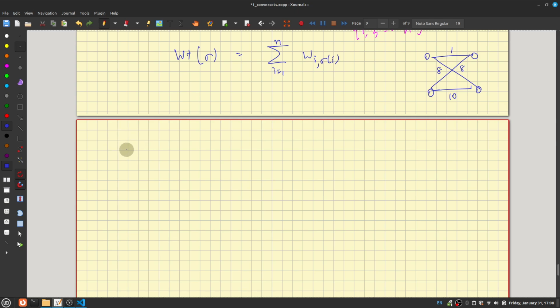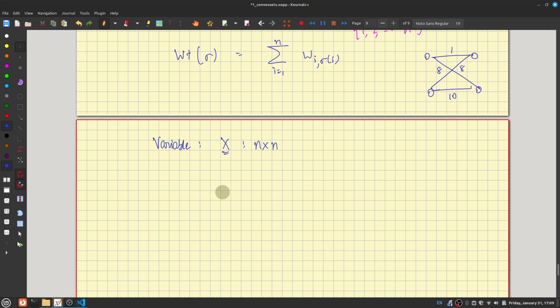So I'll formulate this problem in a slightly different way. The same problem, I'm not making any relaxation. So the same problem, I'm going to formulate it as the following. My variables is going to be an n by n matrix X, with zeros and ones.